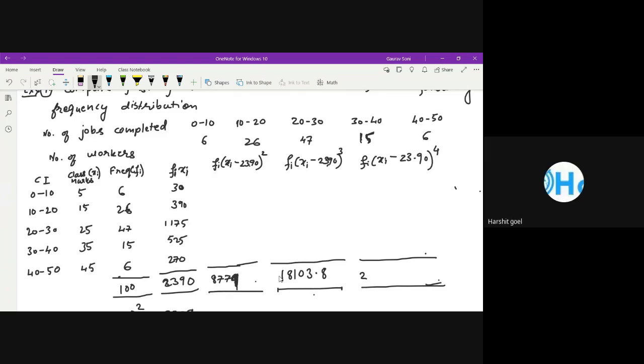No, sir, my calculator is not working properly. Khushi? Sir, I'm doing it.